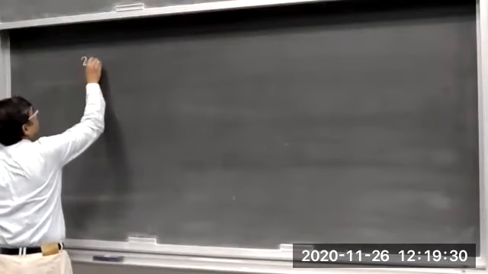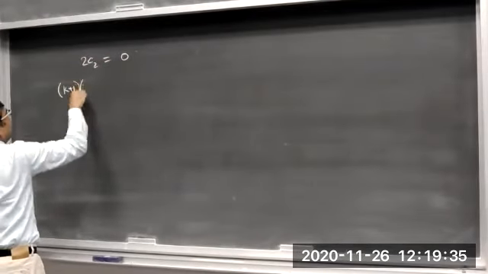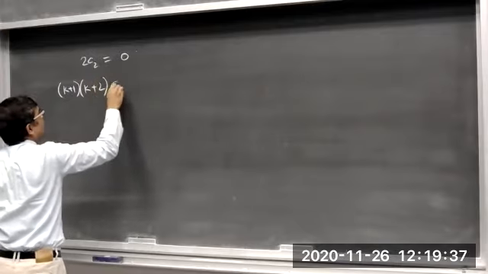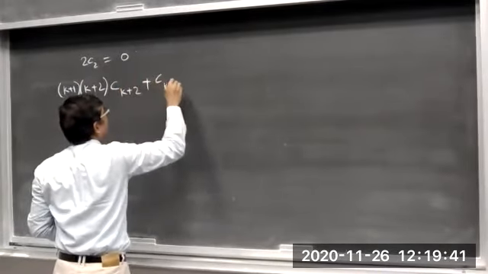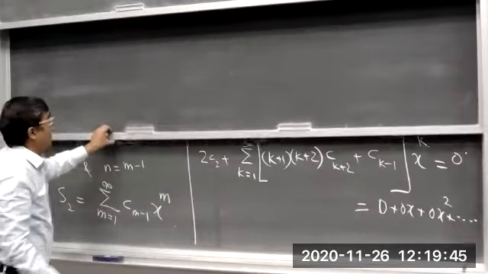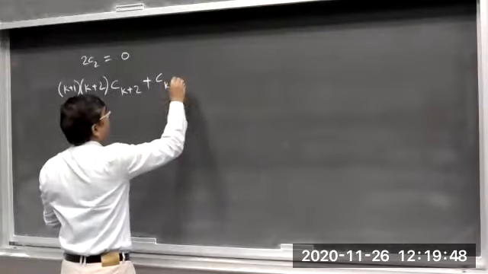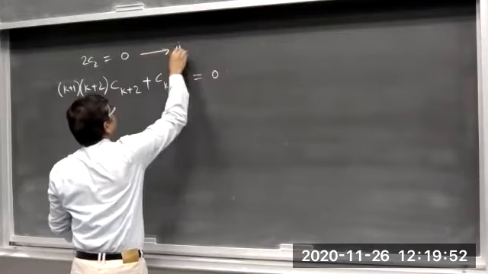We obtain 2c2 is equal to 0, and (k plus 1)(k plus 2) c(k plus 2) plus c(k minus 1) is equal to 0. So we obtain two equations.